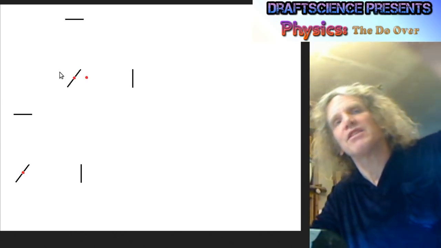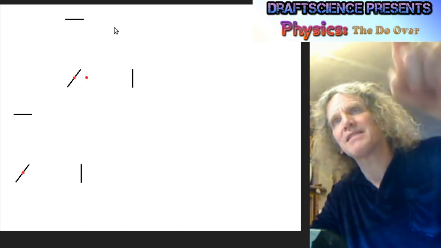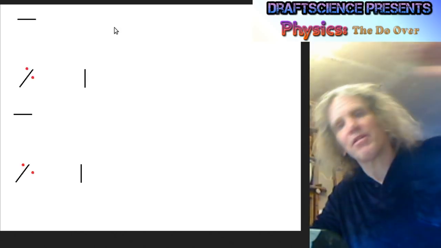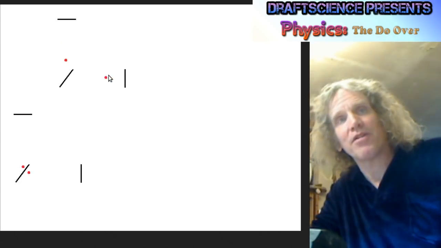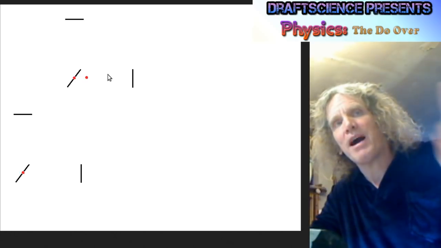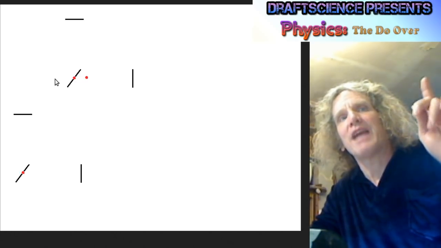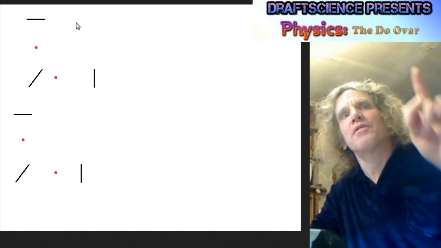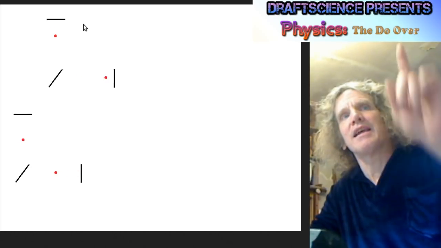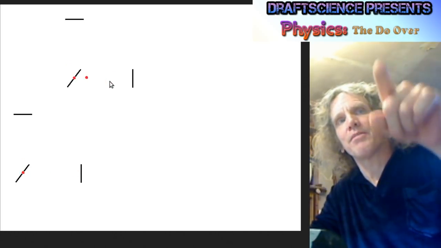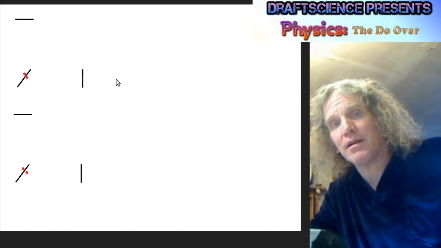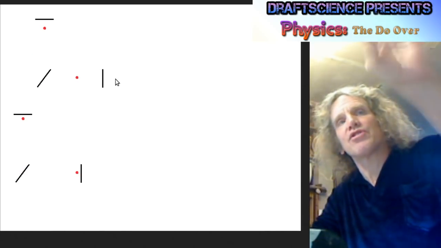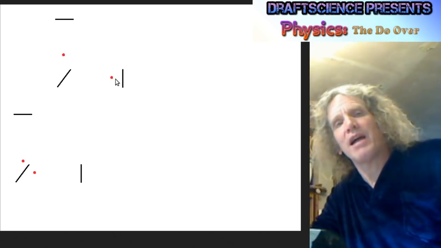You couldn't even physically do this experiment because you would miss the mirror. You'd have to make a mirror that went across the whole surface so you could reflect, and it would never reflect back to the other mirror. It's not possible for you to have an actual photon go these distances and hit the mirror and get back to the other mirror. It can't physically happen. And yet he's going to show an animation saying this is reality.